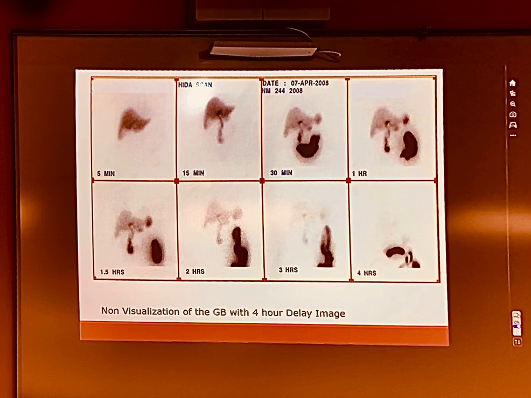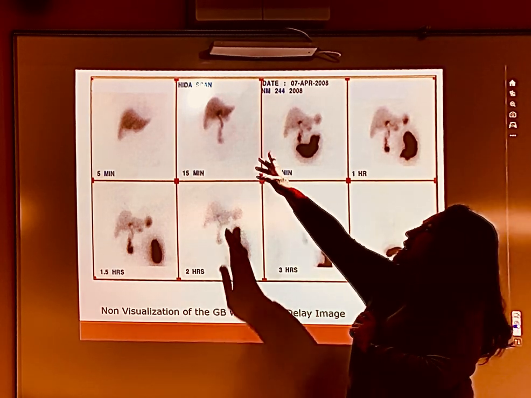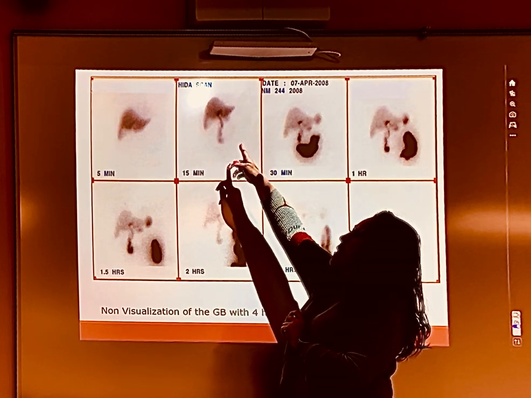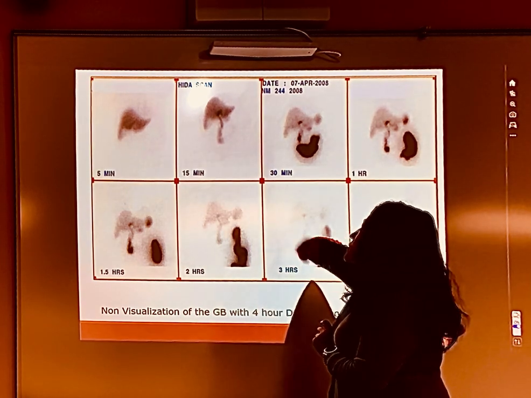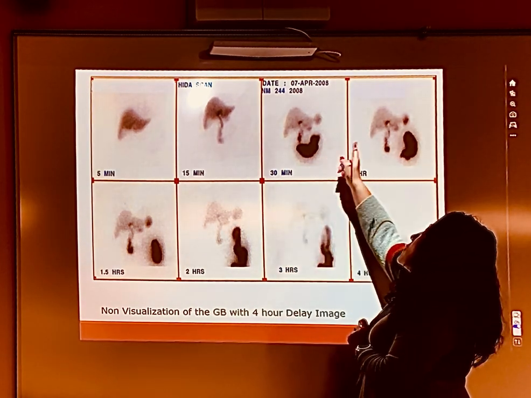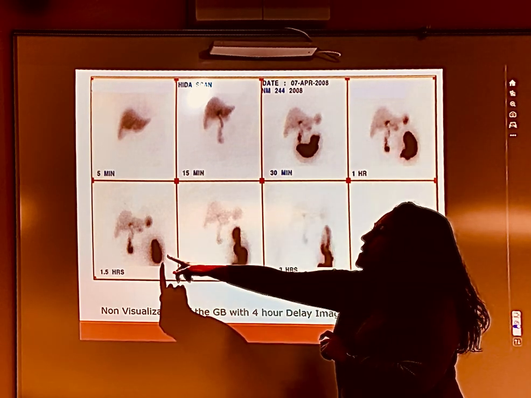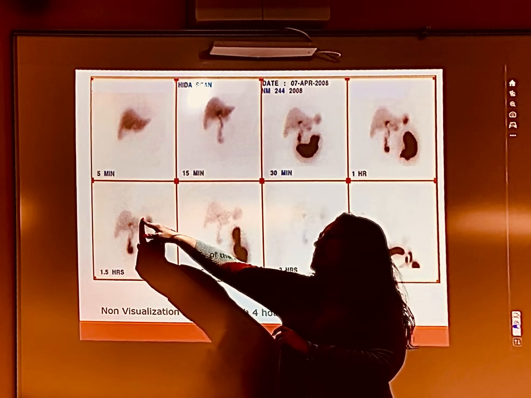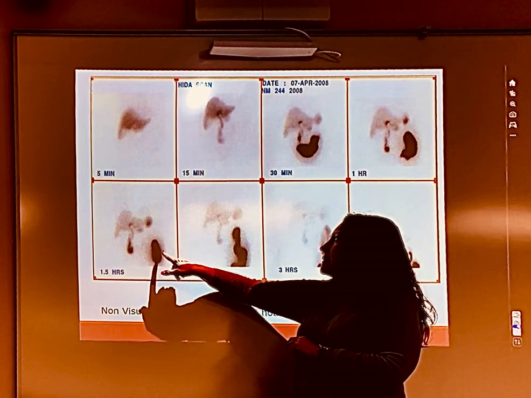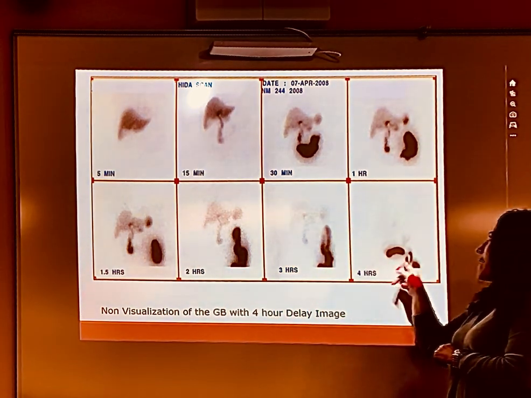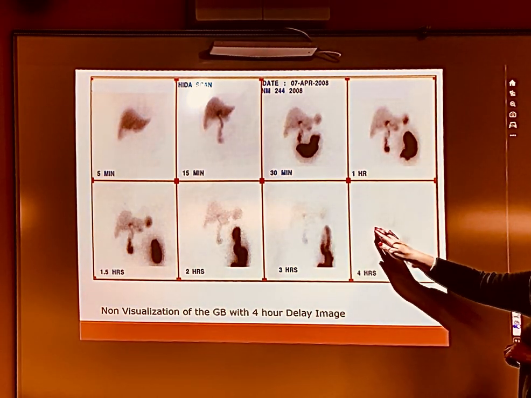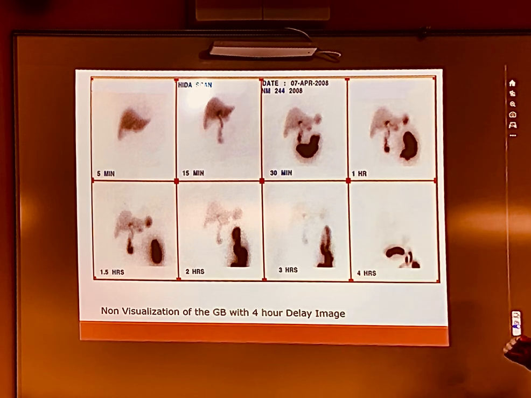Okay. This is a typical non-visualization of the gallbladder, right? You've got liver, intrahepatobiliary ducts, common bile duct, duodenal sweep, bowel, bowel, bowel, reflux into the stomach, bowel, bowel, bowel. At 4 hours, you have no liver left.